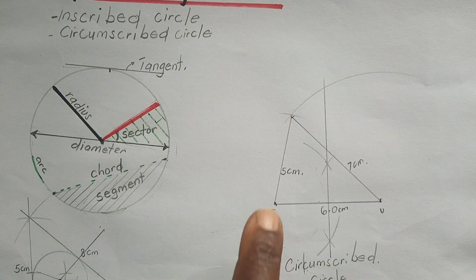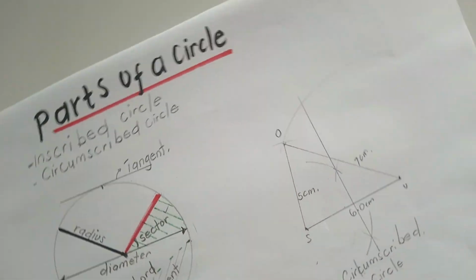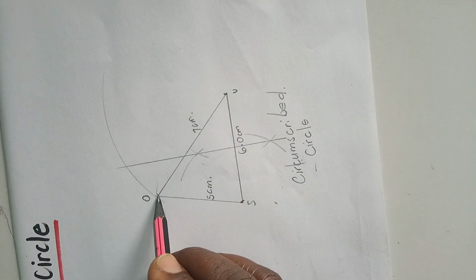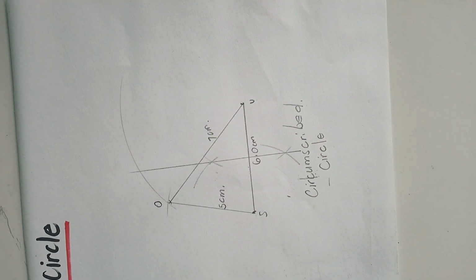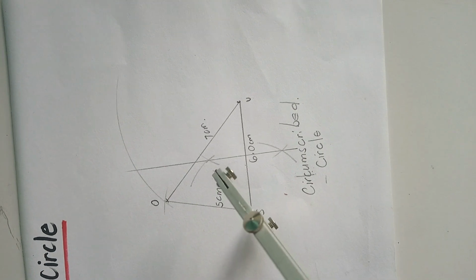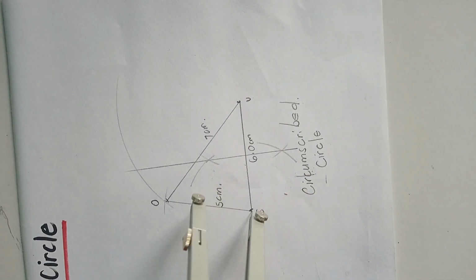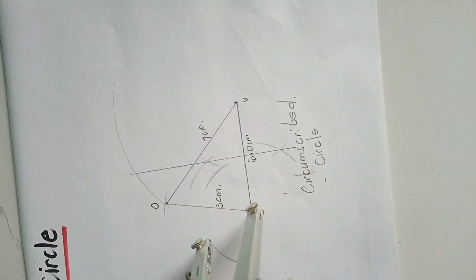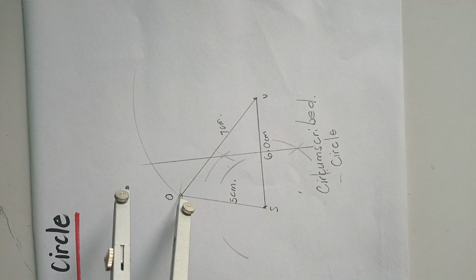Likewise, I'm going to construct, let me call this O. I'm going to construct my perpendicular OS along this region. So I repeat the same procedure. Stand there, reduce it a little bit. I strike an arc there and another arc there without adjusting my pair of compass.